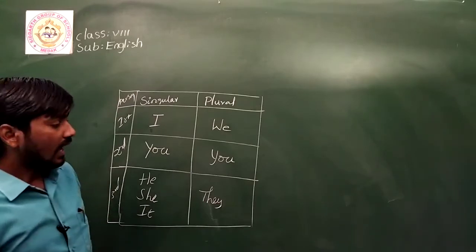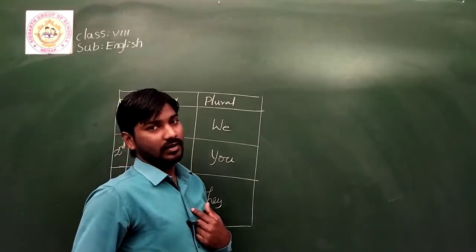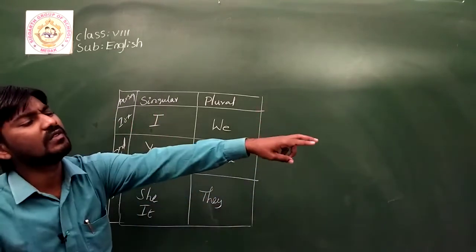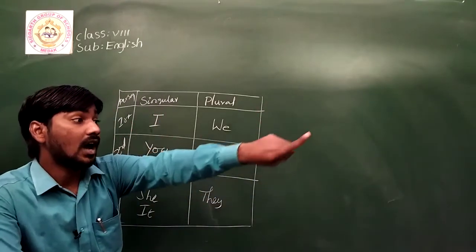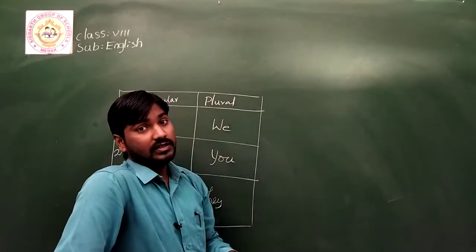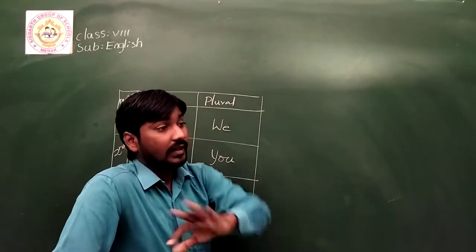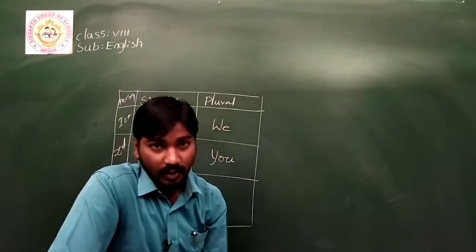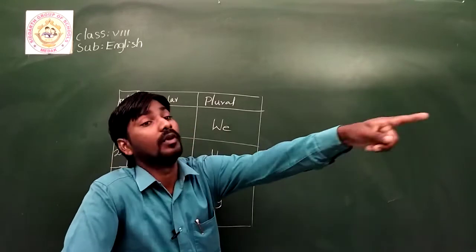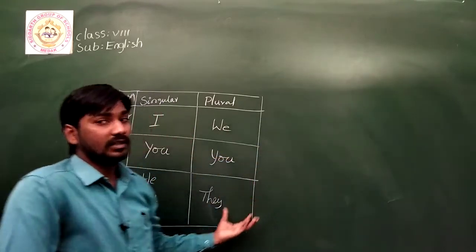So one. He is a boy, she is a girl, and you're pointing to somebody, 2, 3 were standing there. They are my friends. They are all 6th, 7th, 8th class students. They are all good friends. They are all girls. So pointing to a group over there, third person, plural.